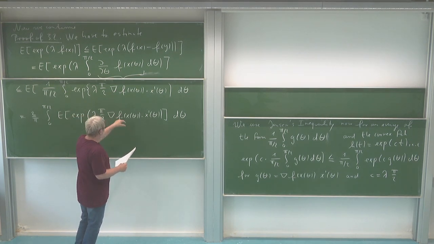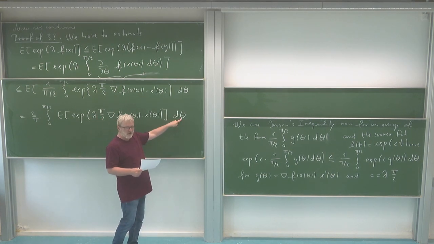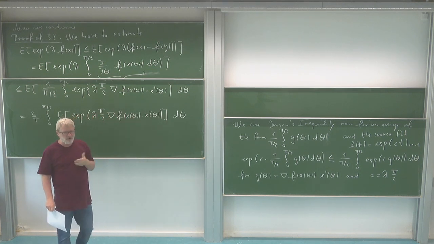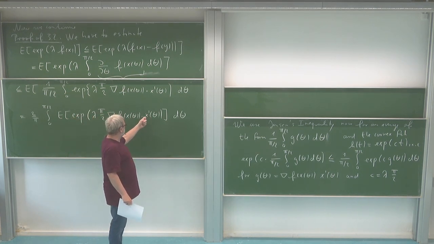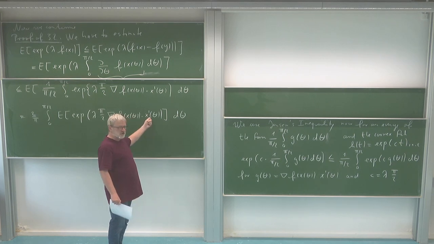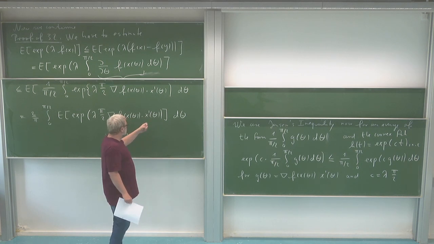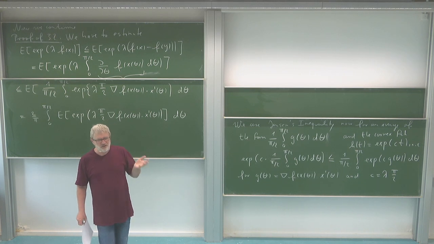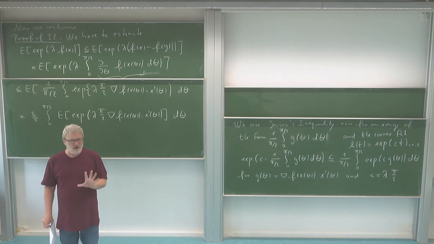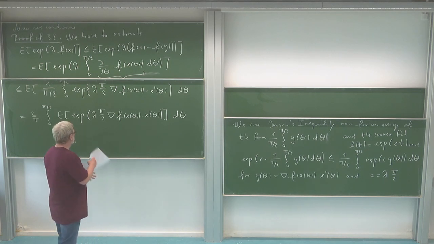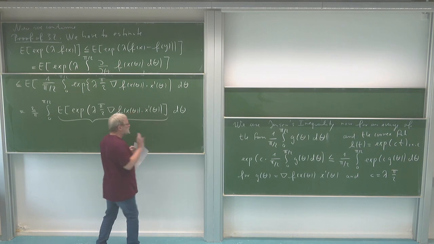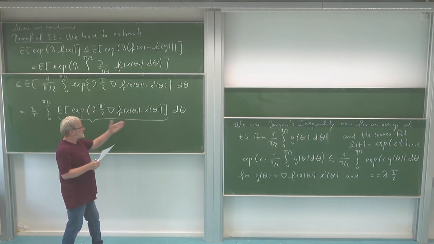So for theta fixed, what do I have here? A Gaussian random vector, and another Gaussian random vector, and they are independent, and I'm taking the expectation over this. So this expectation is actually independent of theta, because it's just taking the expectation over a pair of independent standard Gaussian variables. I still have to estimate it, but at least it's the same for each theta.